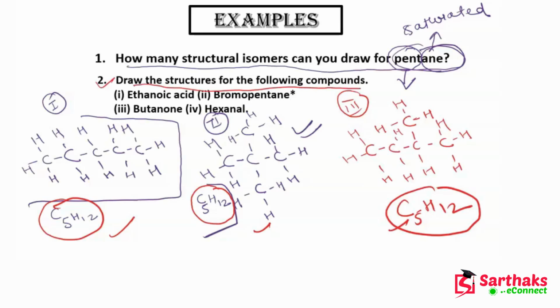So here are some compounds given. First one is ethanoic acid, then bromopentane, butanone and hexanol. So we will draw the structure of these compounds, and by drawing these structures, the concept which we have seen on the previous slide, naming the carbon compounds, will be clear to you and you will become a master of this.